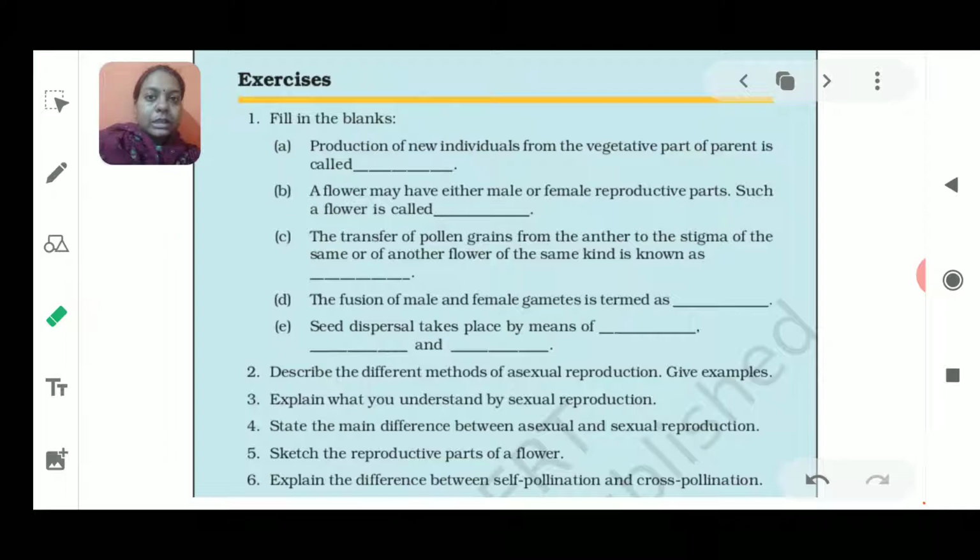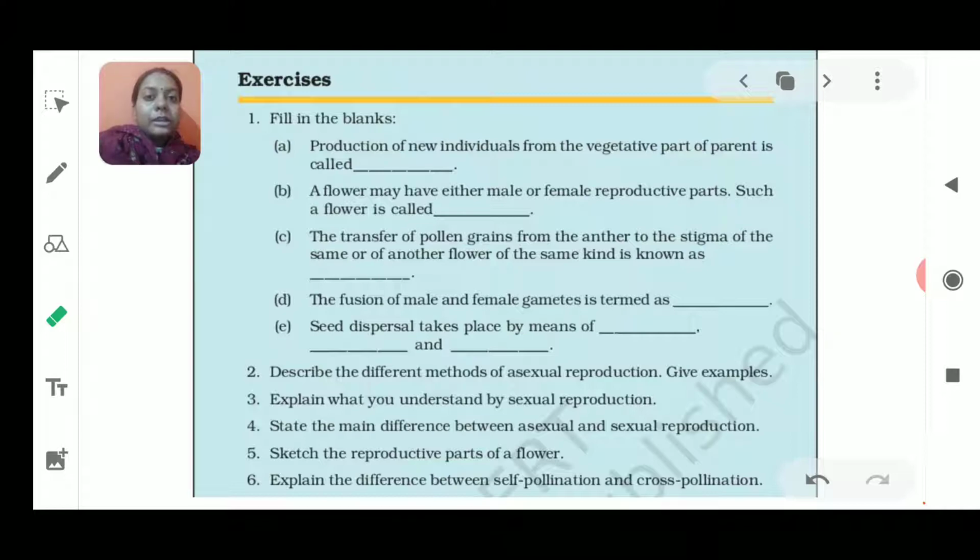So the next step was pollination. Pollination is the transference of pollen grains from anther to stigma. That anther and stigma might be present on the same flower, or on different flowers, or even on different plants.